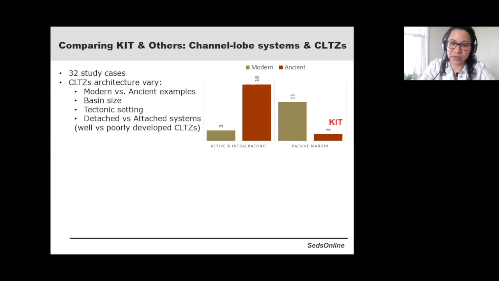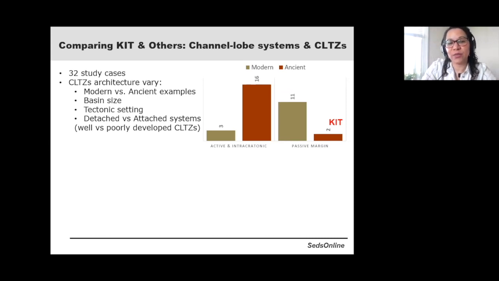And also, one thing that we see is that, of course, the tectonic setting seems to play an important role, because it seems that if you have a large system, you're going to have a large channel-lobe transition zone also.